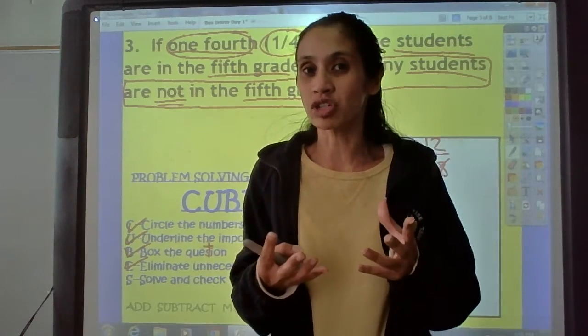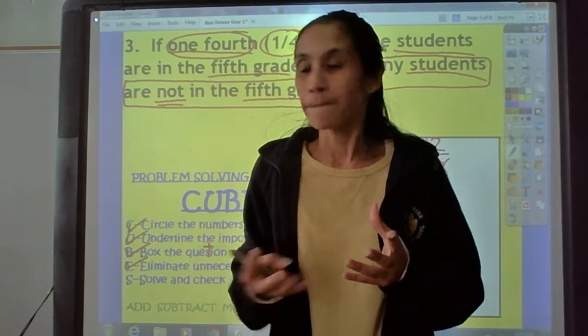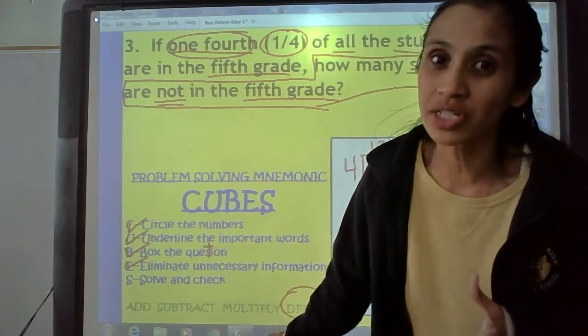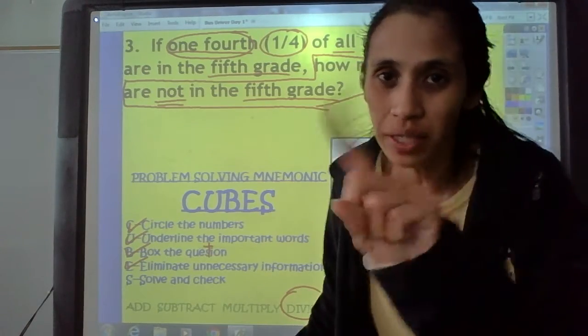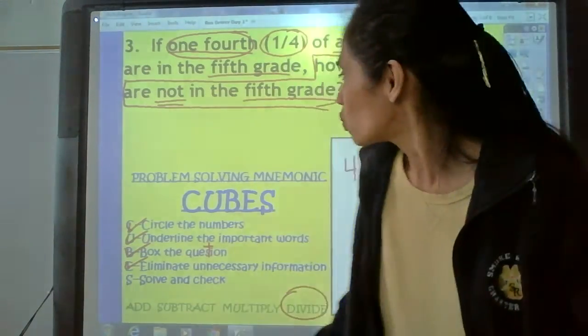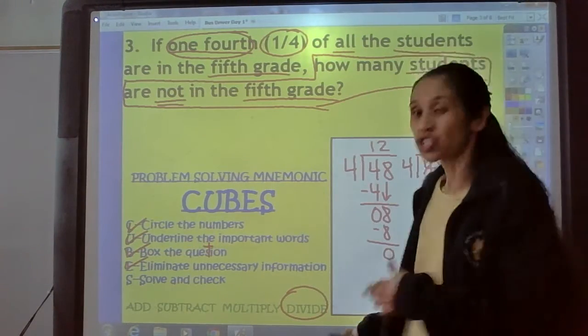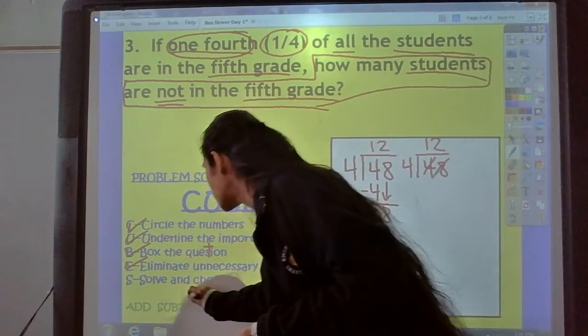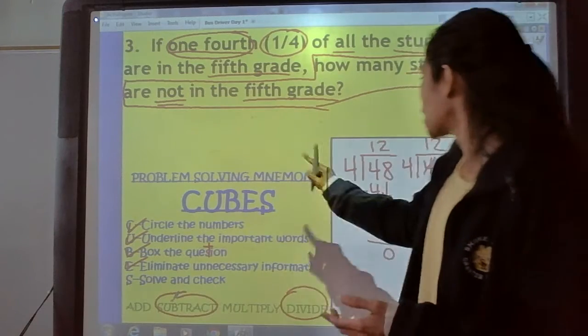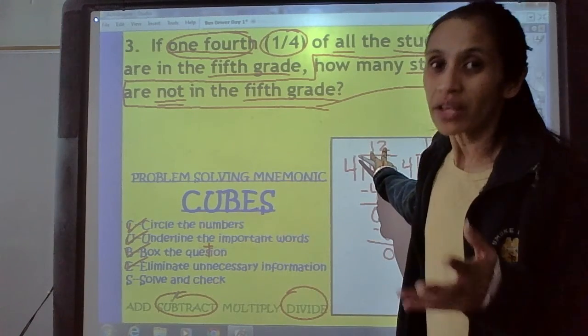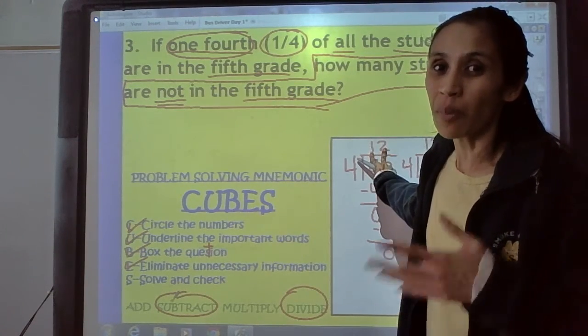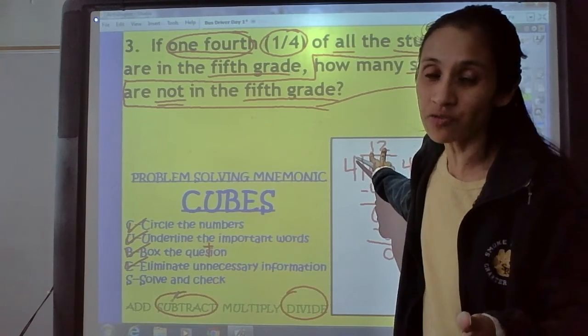So what do we need to do? We need to do another operation down here. We're not done. We need to subtract, because if there are 12 that are in the 5th grade, how many are not? Subtract to find out.